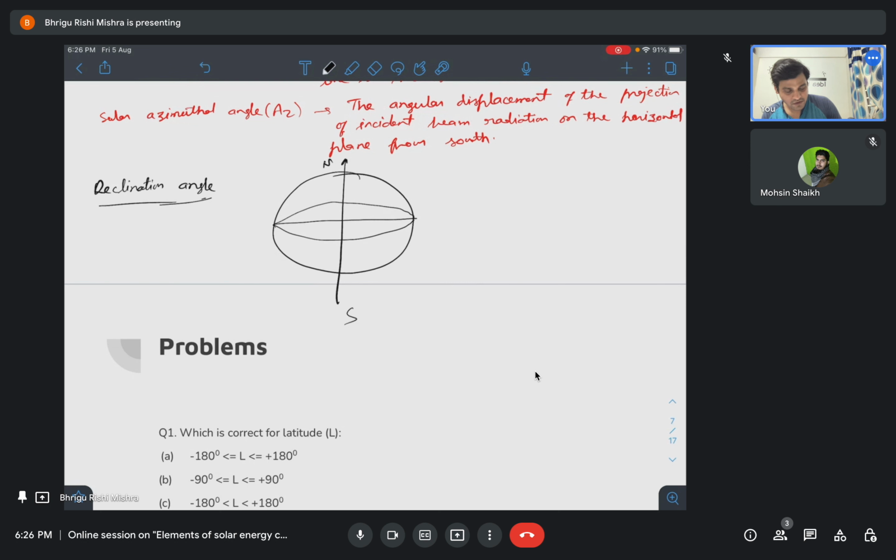Suppose the sun is here and the sun ray is coming like this. The angle it makes is called the declination angle, delta.